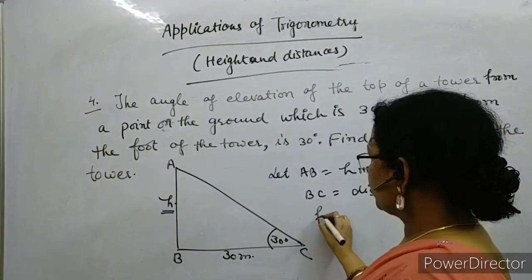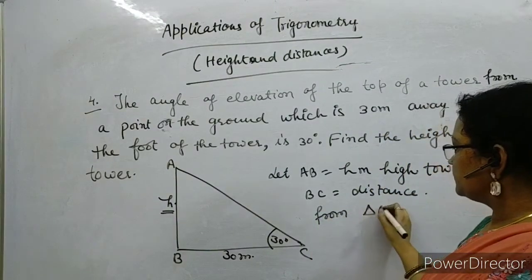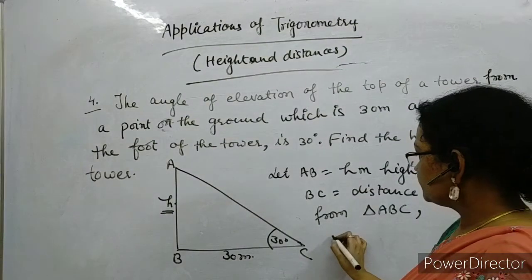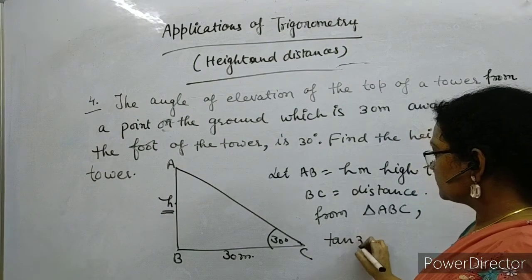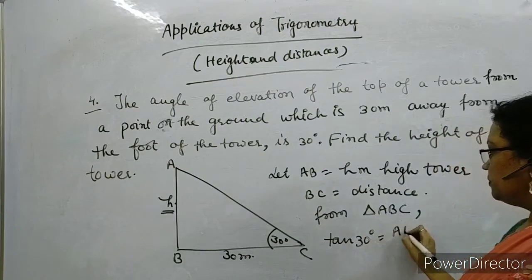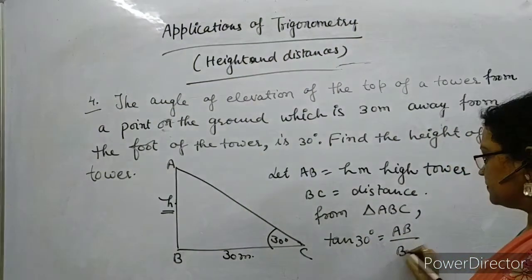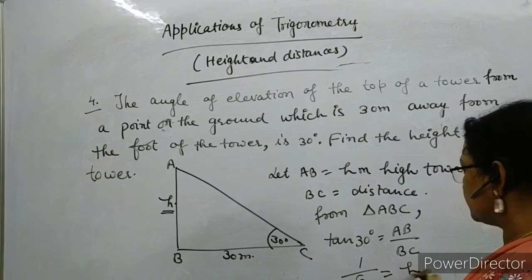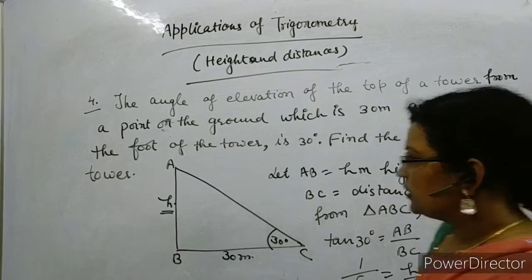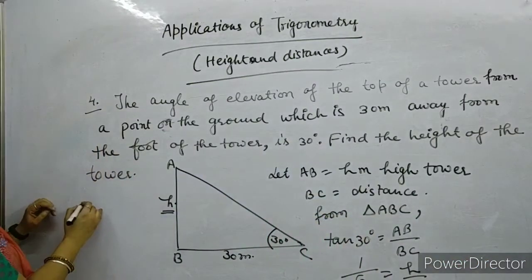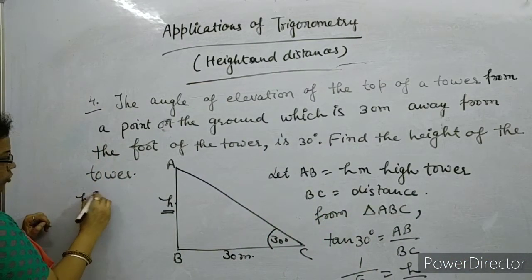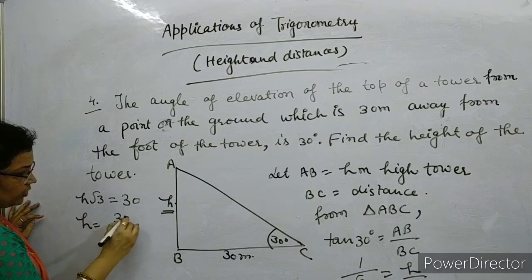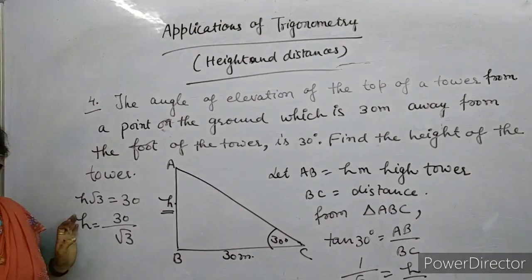From triangle ABC, perpendicular by base, tan 30 is 1 by root 3, which equals h by 30. Then h root 3 equals 30, so h equals 30 by root 3.